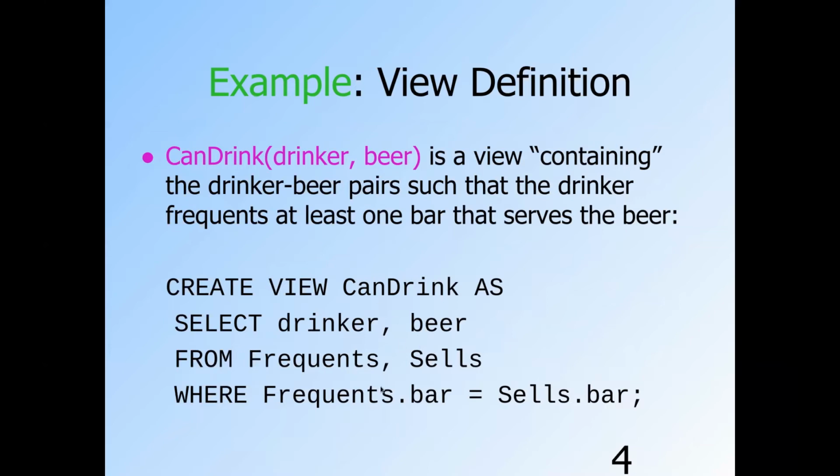The drinker comes from Frequents, and the beer comes from what the bar sells, and this join ties together drinker and beers. So it's grabbing the drinker from Frequents and the beer from Sells, and making sure that they join through.